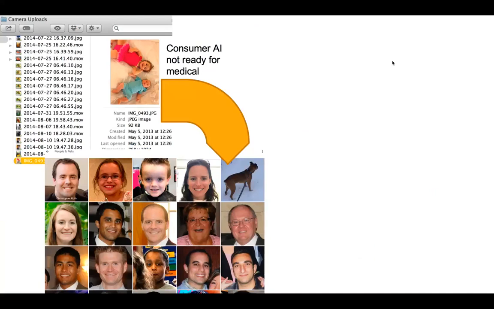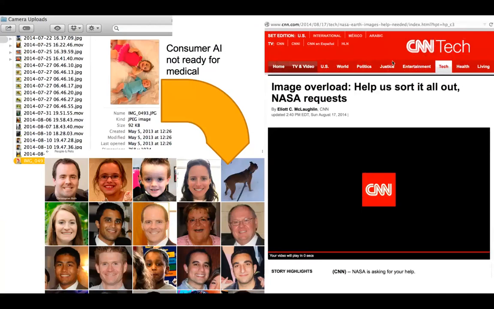Since then, there's been development of AI that can bucket your photos into various people that you know or places that you've been or things that are in the photo. But really, medical applications of this are not commonplace right now, so we are still stuck manually assigning metadata to some degree.